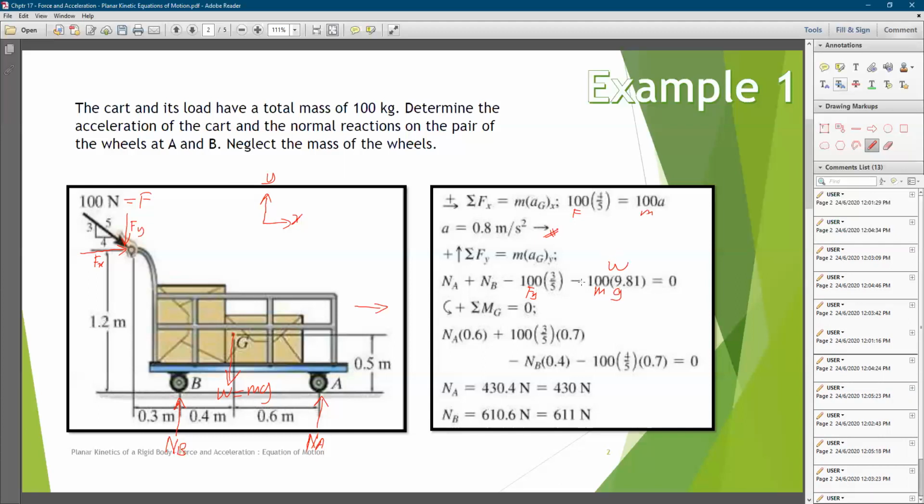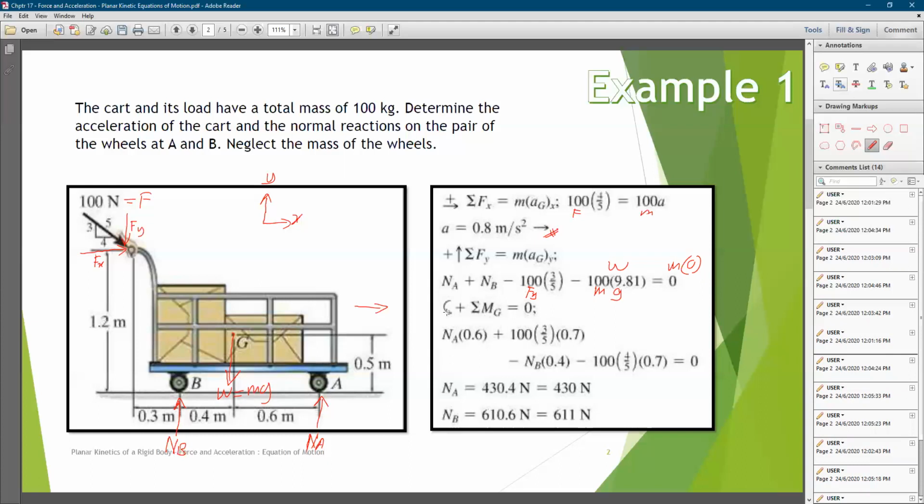This is the weight, and it is equal to 0 because the acceleration in the Y direction is 0. The cart is not going upwards or downwards. So now you have one equation.